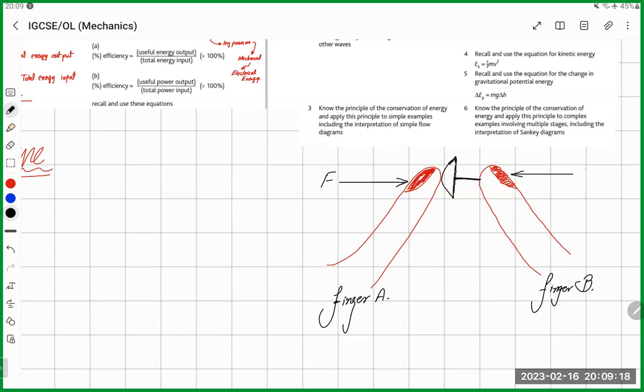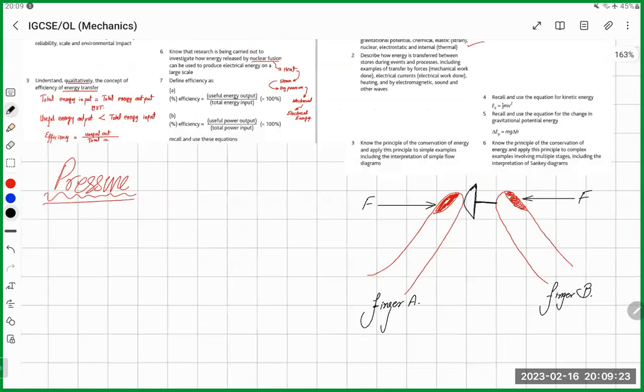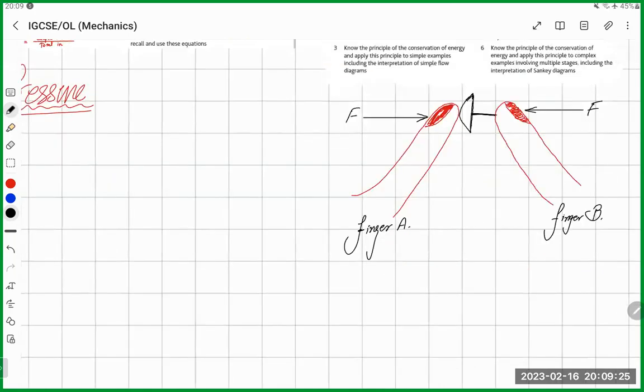Which finger will be in more pain and why? Finger B. And why? Because pressure and area are inversely proportional.